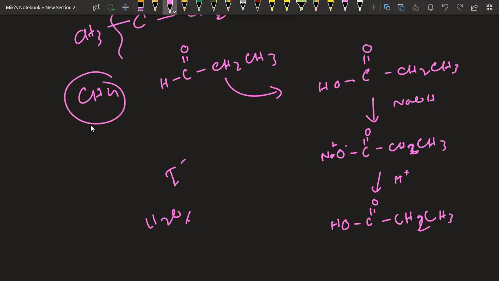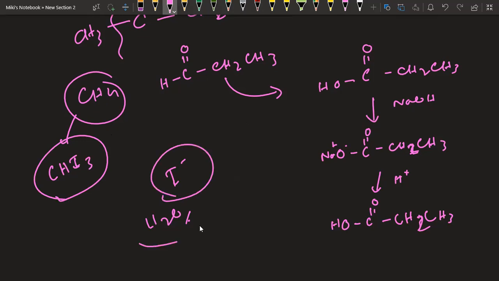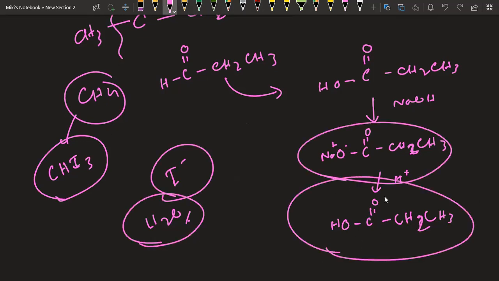From CH4, I forgot to mention, CH remains and I3, like 3 hydrogens disappear, replaced with iodine. So this is one product, this is another product, this is another product, and finally we have this or this as the other product. That means a total of 4 products are formed.